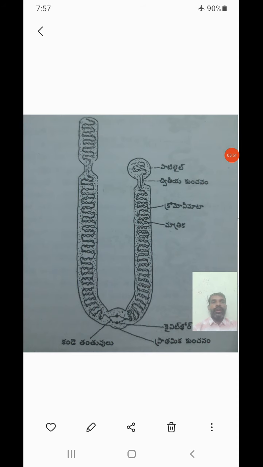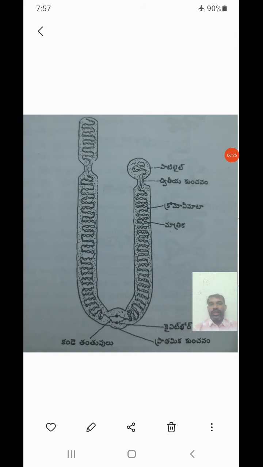Next, Nicotiana tabacum, tobacco, has 24 pairs of chromosomes, which is 48 chromosomes. Oryza has 12 pairs of chromosomes, so the total number of chromosomes is 24. Last but not least, Triticum vulgare, wheat, has 21 pairs of chromosomes, that is 42 chromosomes.